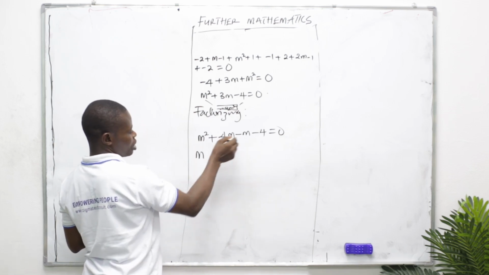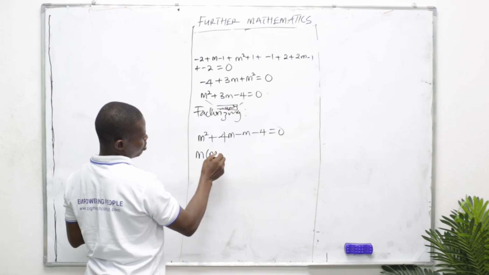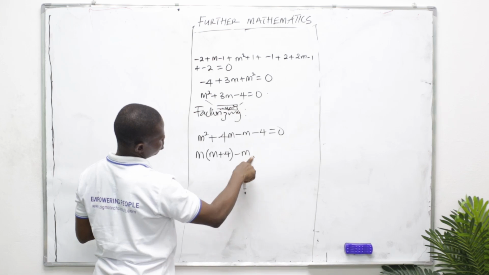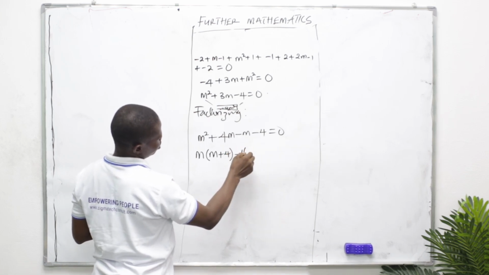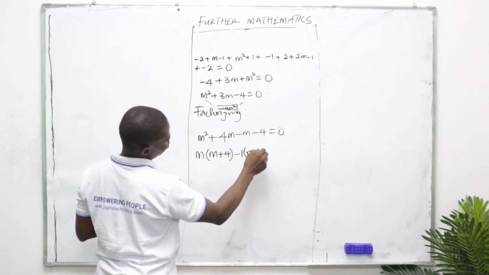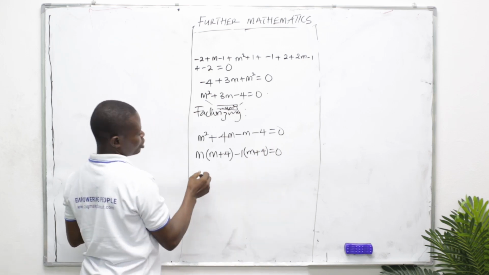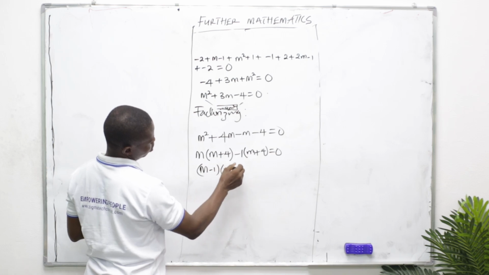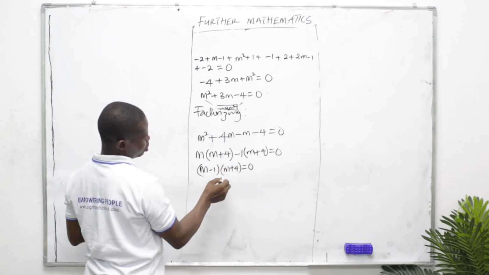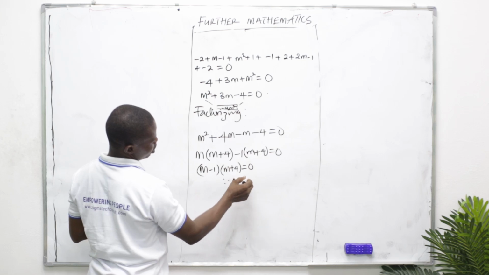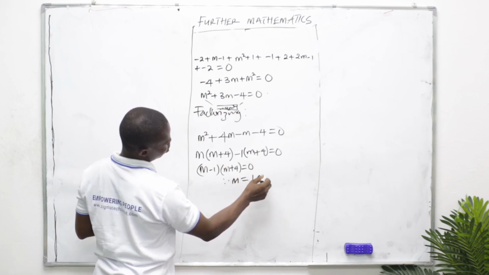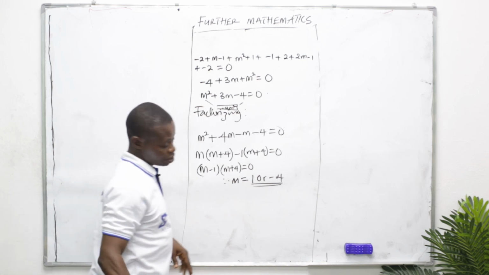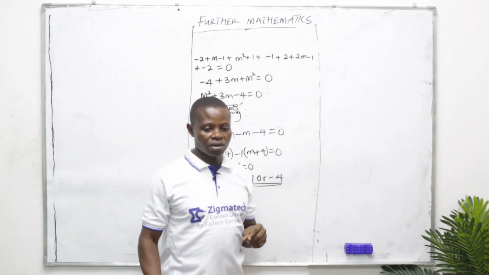Here, m is common. Factoring m out, plus 4 minus m into m plus 4 equals 0. So m minus 1 into m plus 4 equals 0. Therefore, m equals 1 or minus 4. So this is the solution for question number 13b.